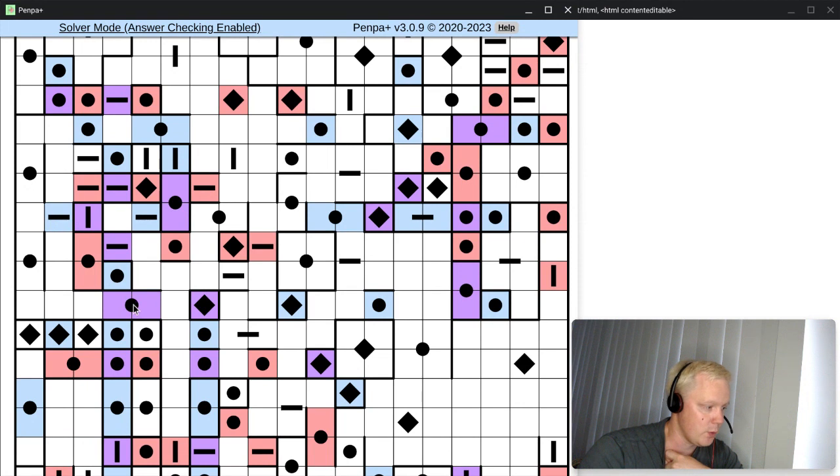Now, if they're part of this one, where are the counterparts of these two? Let's look at this cell. It would be, is it here? 2 to the left and 1 up. So 2 to the right and 1 down would be here. So this dot can't take this cell, and certainly can't take this cell if this is something else.